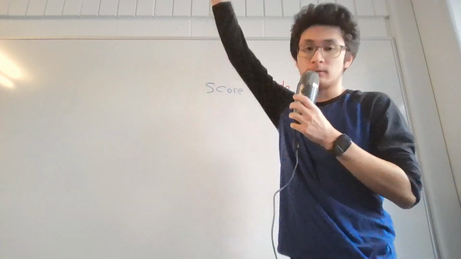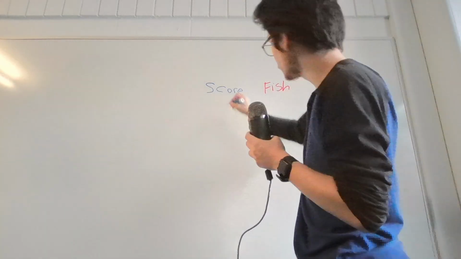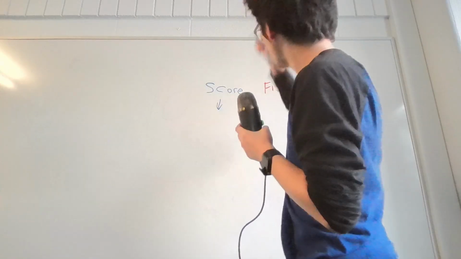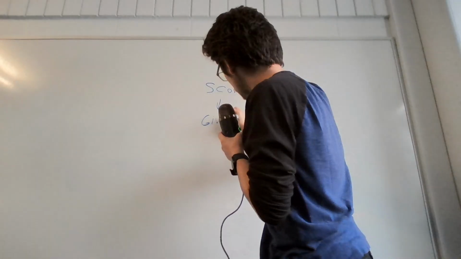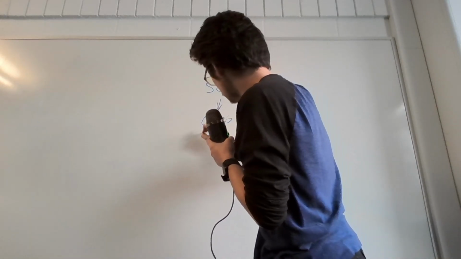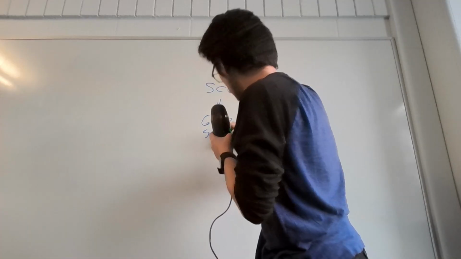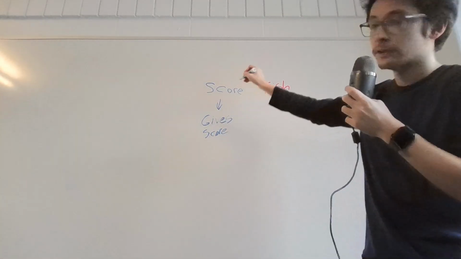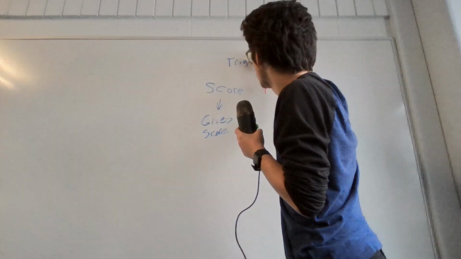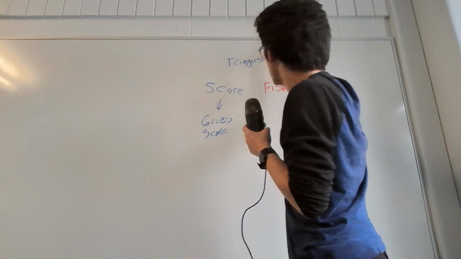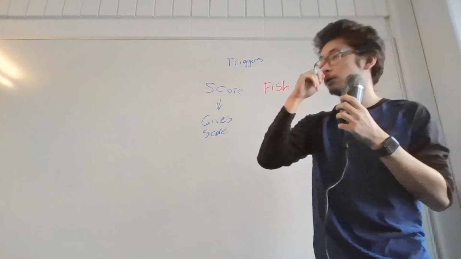What does score do? It's pretty self-explanatory. What the score does is it gives score. So this is the score trigger.